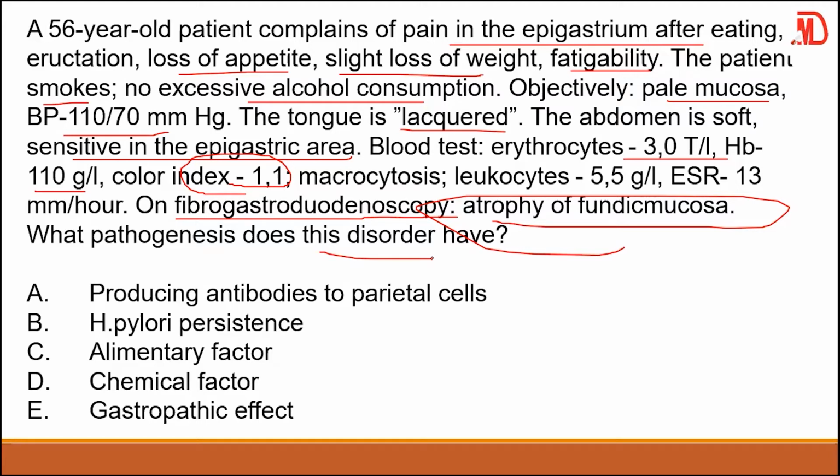The general meaning of erosion of the mucosa means that there's an ulcer, isn't it? So definitely that's what we're having in this case. So your answer is definitely A. But of course, we know that some of the causes of ulcer can be H. pylori, but that's not the case in this question.